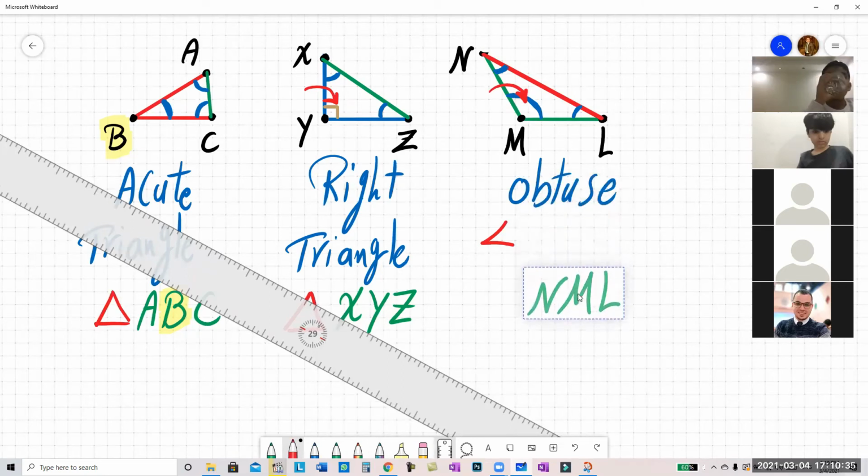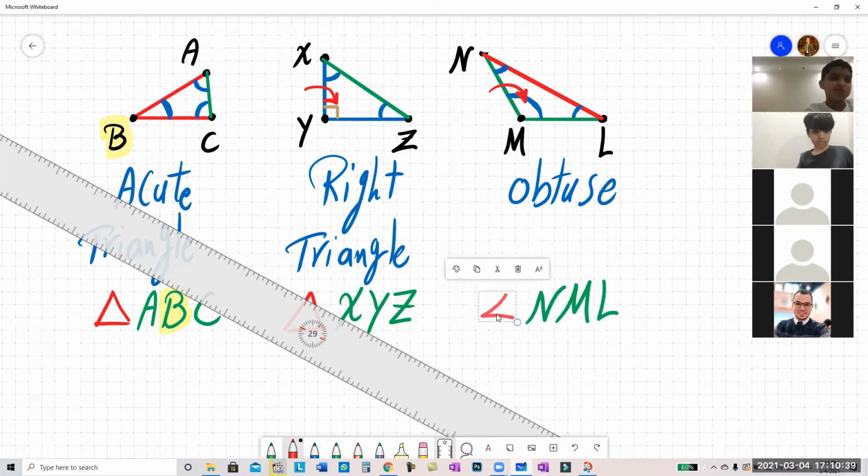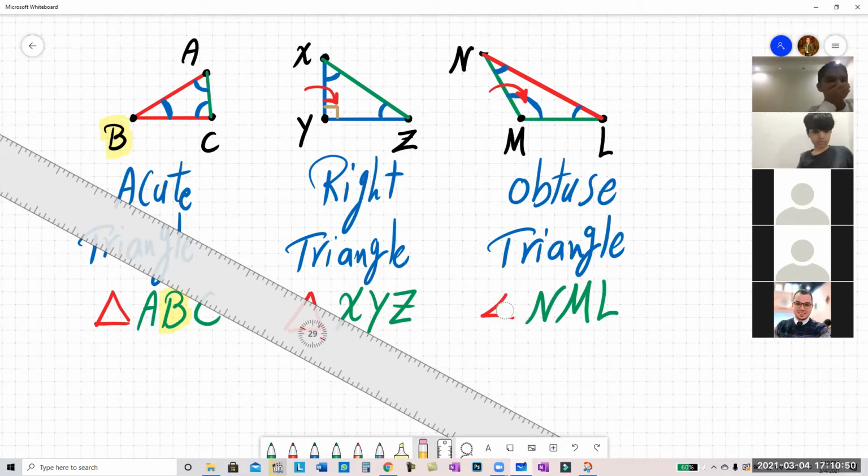So let me move this down and the angle, and then let's write triangle here. So we have obtuse triangle, and let's name it as triangle NML.